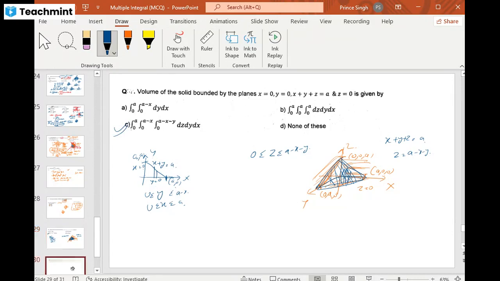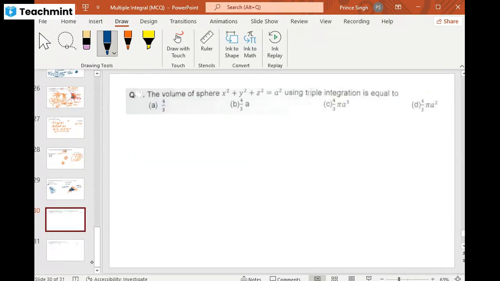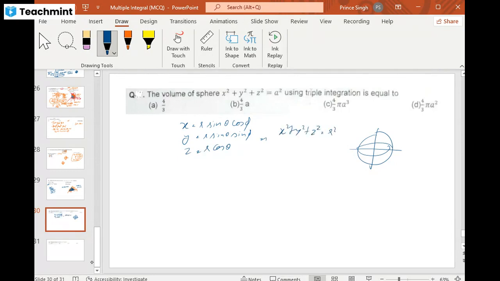Okay, now let us move to the next question. The volume of the sphere. Like I told you, if I want to find the volume of the sphere, we are going to use the transformation x equal to r sine theta cos phi, y equal to r sine theta sine phi, and z equal to r cos theta, such that x square plus y square plus z square equal to r square.